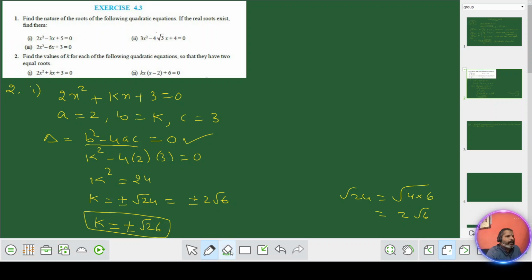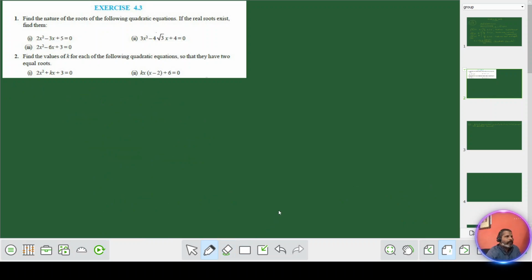Let's see another question, the second one: kx(x − 2) + 6 = 0. Just open it because it is not in the standard quadratic equation form to extract a, b, c. Multiplying, we get kx² − 2kx + 6 = 0.